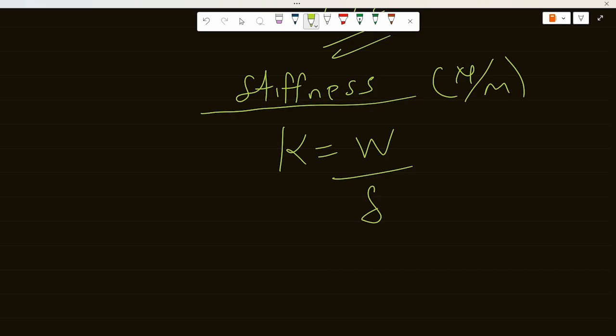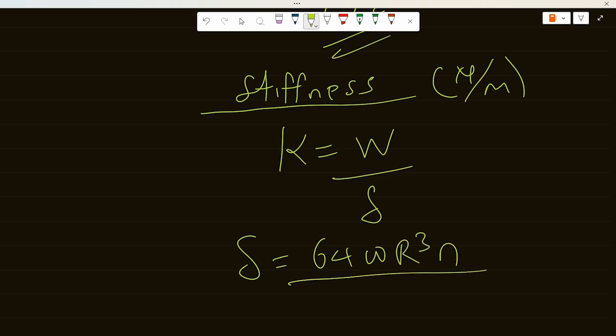That is, maybe probably you're explaining to someone, or you just remember your formulas. Maybe you are solving a problem in your exams and you have to be fast. You can't be deriving, so you need to know how to remember. So remembering the formula for deflection, 64 W R cubed n over G D4.